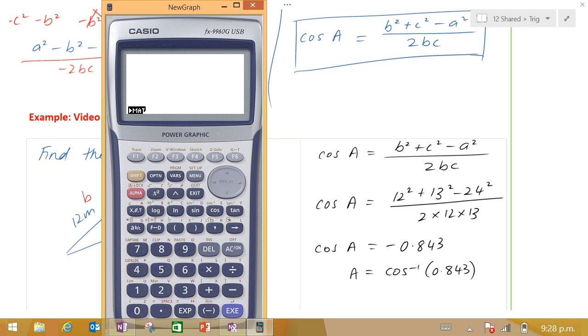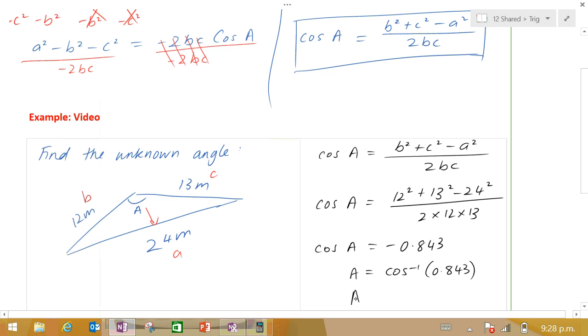And I'll have to redo that calculation. Okay, so now it's in my memory. So I can go Shift cos inverse and then bring up my answer key, and that gives me an angle of 147.5 degrees. So A equals 147.5 degrees, and that's to 1 dp.